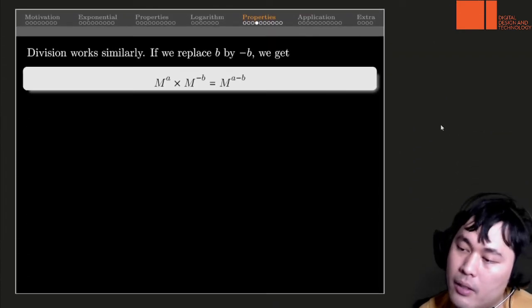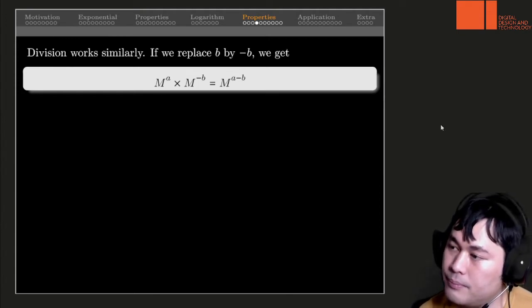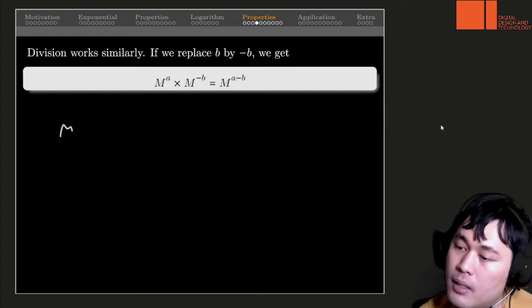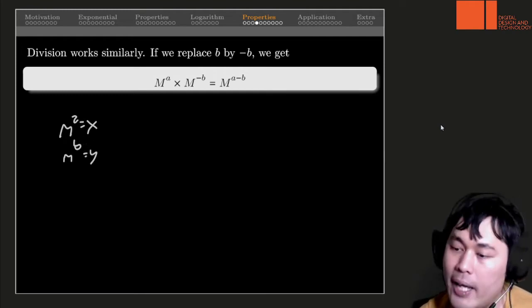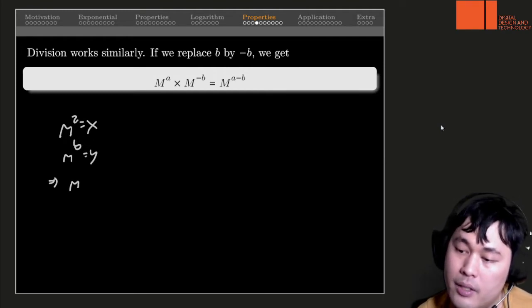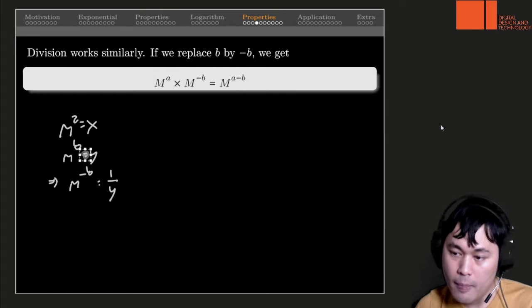And yeah, again, if you let this be x, and let m to the b be y, this would actually give that m to the minus b is actually 1 over y. So we flip that.